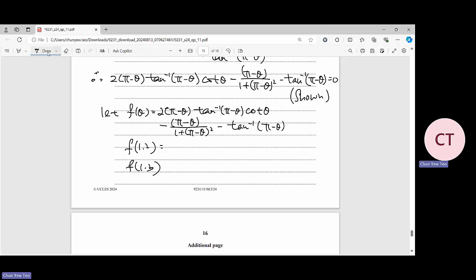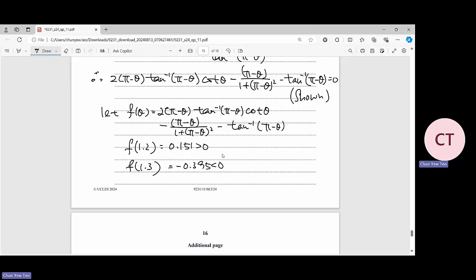To save time, I pressed it earlier and recorded the results. If you press the calculator with 1.2 in radian mode, you get 0.151, which is positive. For 1.3, you get negative 0.395.